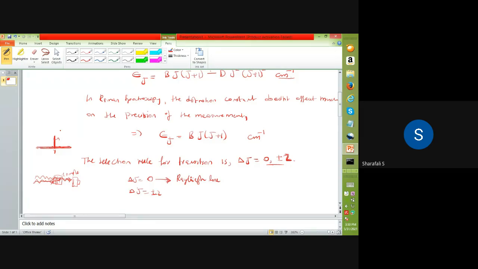Delta J equal to plus or minus 2 has another important point, because we are not considering delta J equal to plus or minus 1 here, but directly plus or minus 2. This is because of the symmetry, and this will give you the Raman lines.